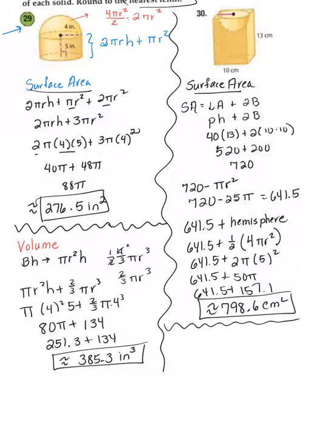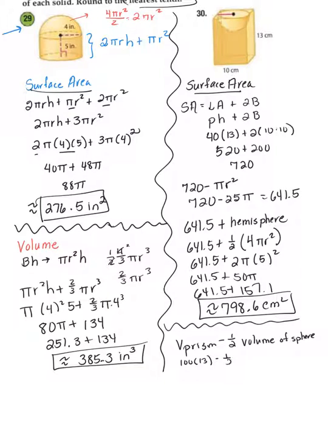Okay, the volume of my prism. And we're going to scoop out, so to speak, half a volume of a sphere. So the volume of my prism is going to be the area of the base, which is 10 by 10, or 100, times the height.